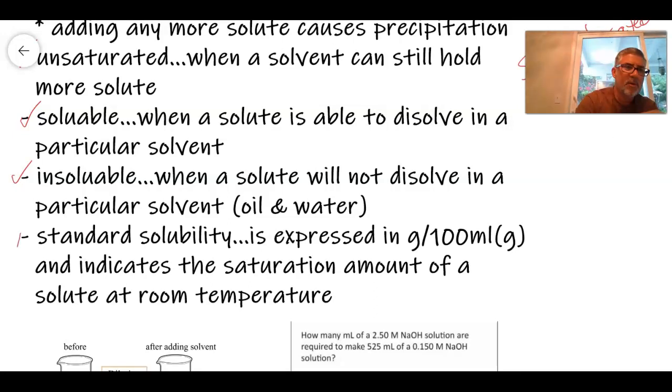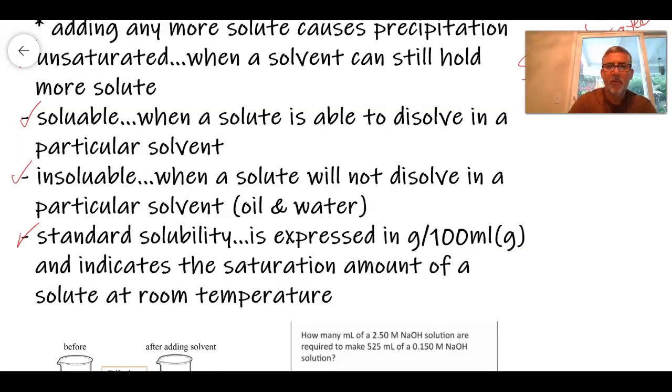And then standard solubility, which you'll need for your lab. Standard solubility is expressed in grams per 100 milliliters of water, or 100 grams of solvent, so essentially the same thing for us. You have to remember that.